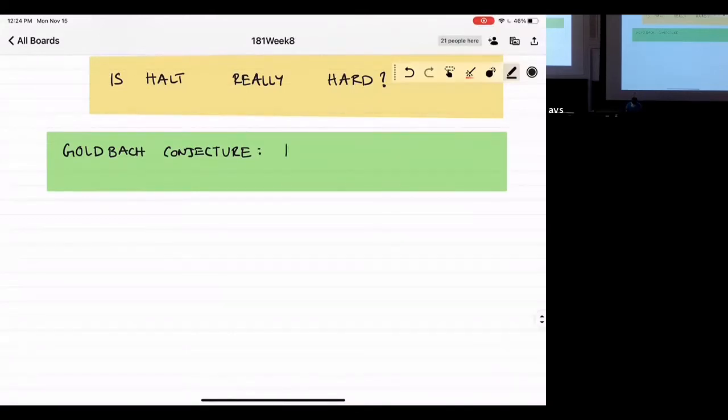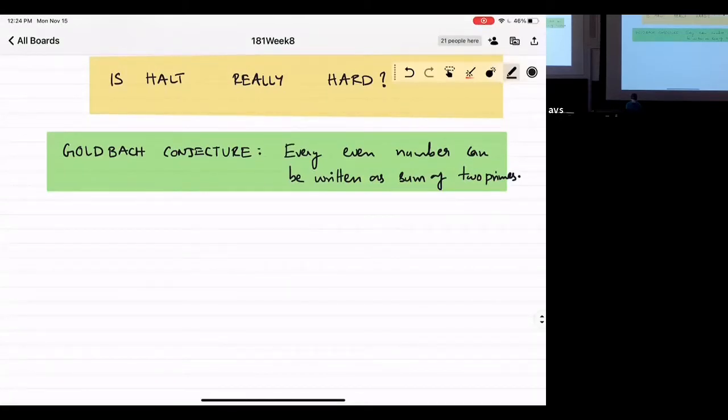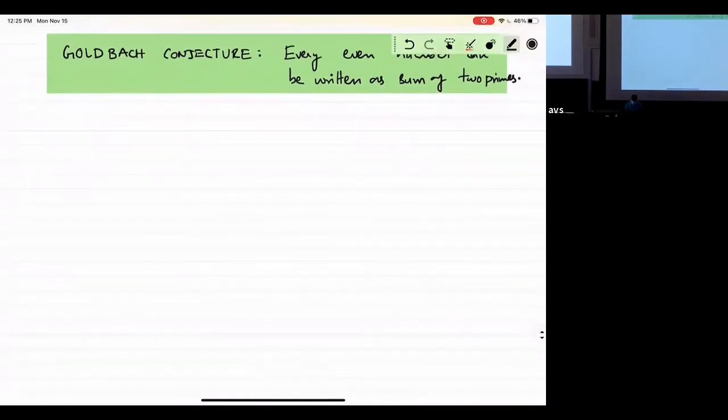It says that every even number can be written as a sum of two primes. Every even number can be written as a sum of two primes. That's it. We don't know whether this is true or not. But why am I talking about this here?